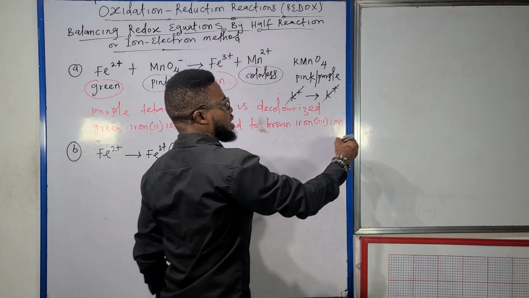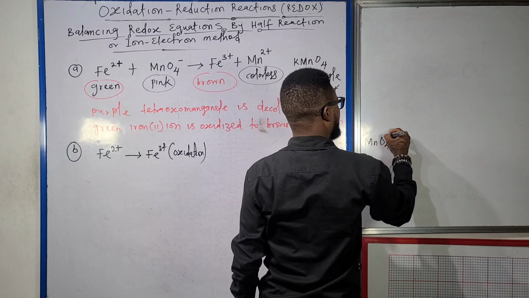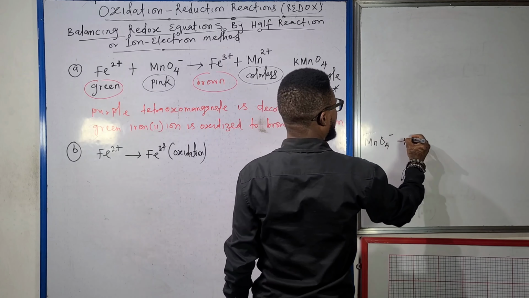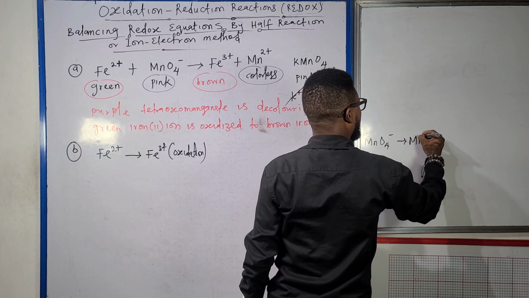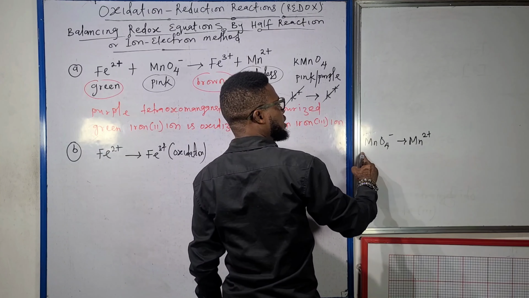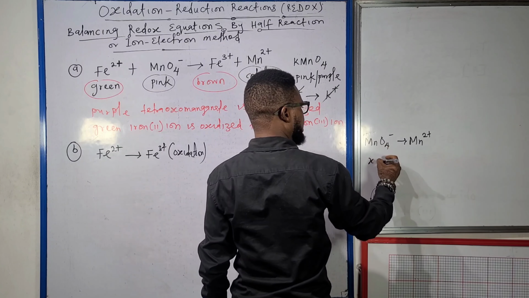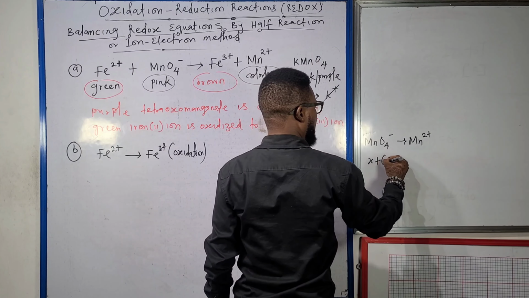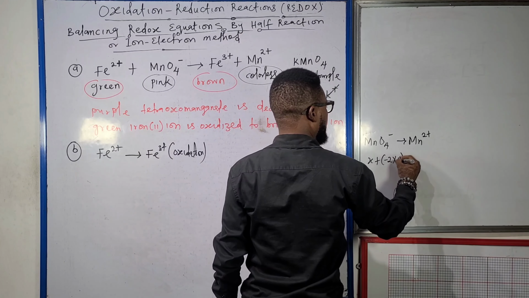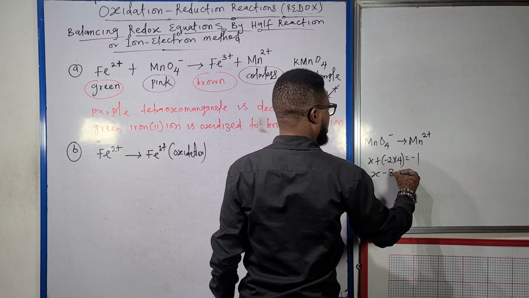MnO4 minus, like I did in the last question, gives you Mn 2+. When you calculate the oxidation number of manganese, let this be X. X plus minus 2 times 4 equals minus 1. This will be X minus 8 equals minus 1.